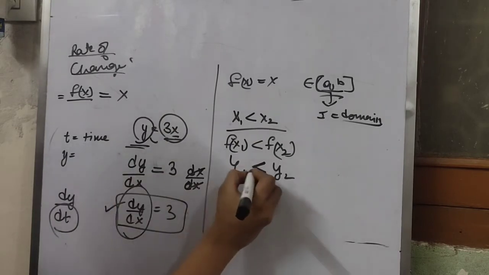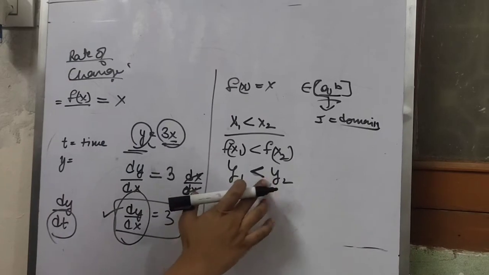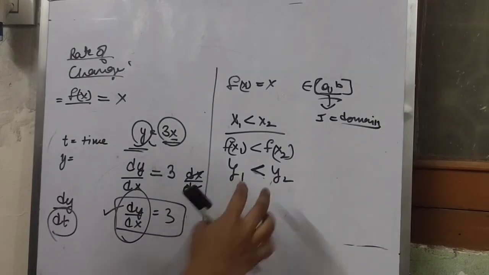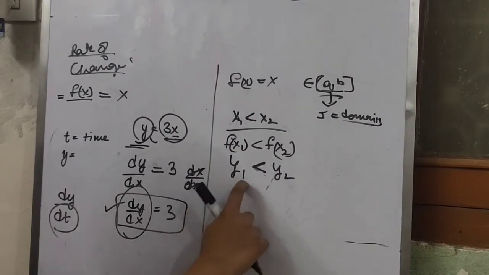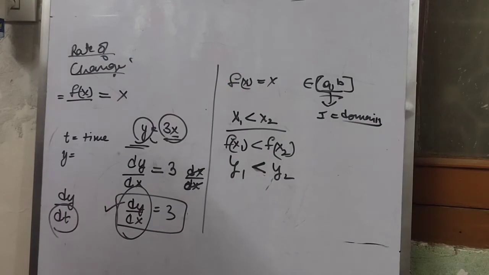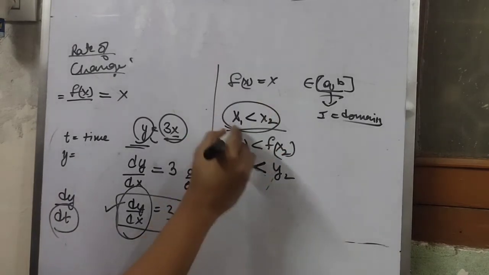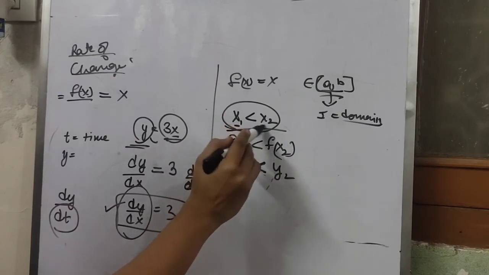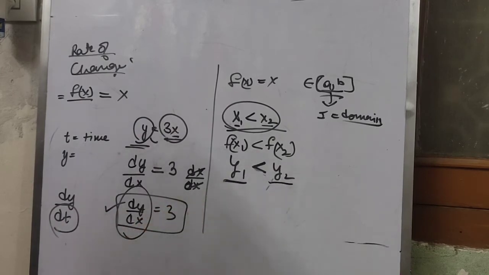Whereas if I also have an equal to sign, I will say it is only increasing, because there is an equivalent value, that is, I have one point where y1 will be equal to y2. So this is not strictly increasing, although it is increasing. If x1 is smaller than x2 and I get the functional value y1 also less than y2, then I will say my function is strictly increasing.